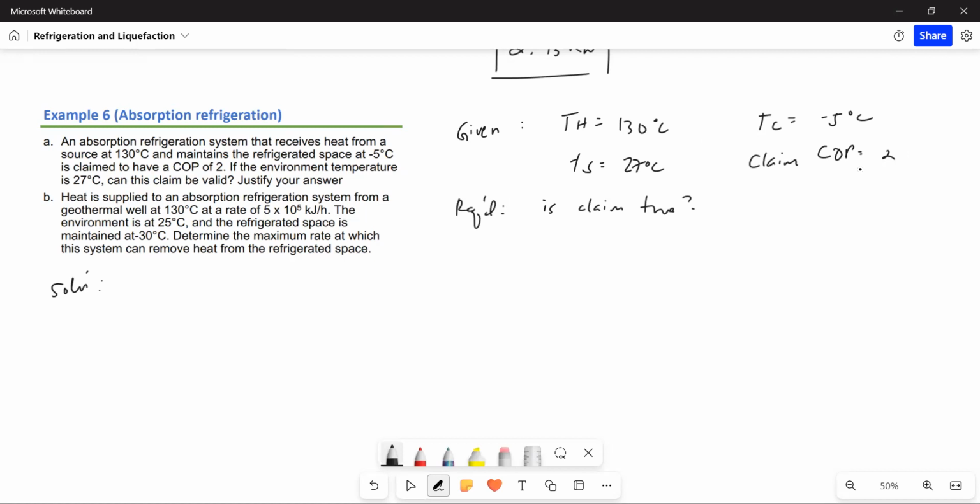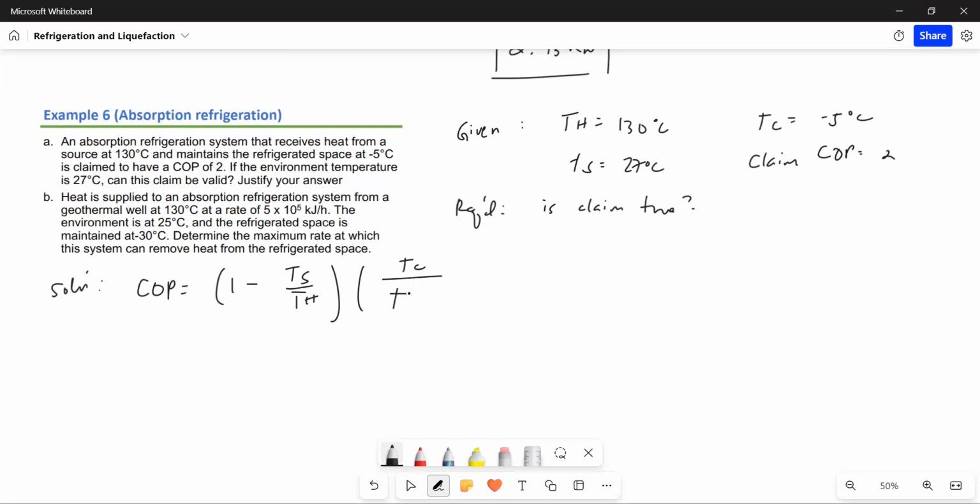So if the reversible COP is higher than this value, then this claim is valid. Okay? So let's use the formula for the COP of a completely reversible absorption refrigeration.